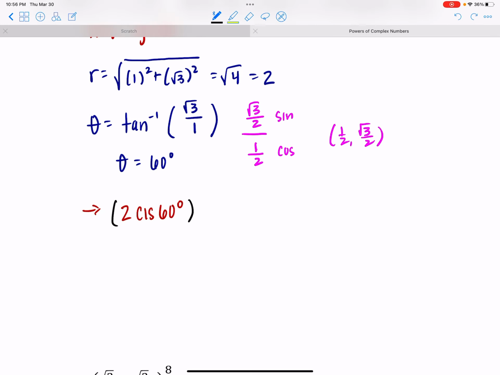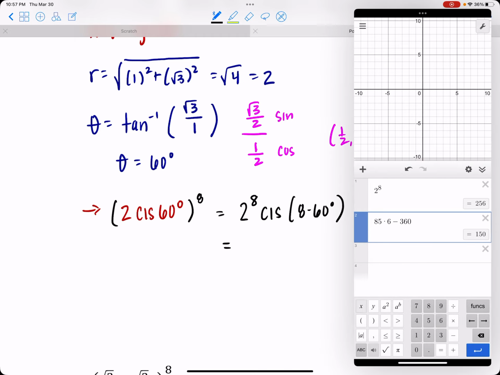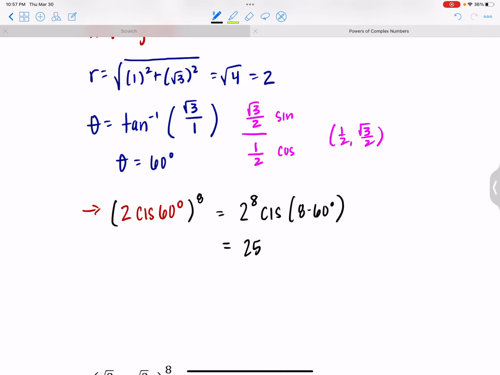So when I raise this to the 8th power, it's actually raising the radius to the 8th power, and it's multiplying our angle by 8. And that's going to make it 2 to the 8th, which is 256 here. And then we have 480 degrees here.